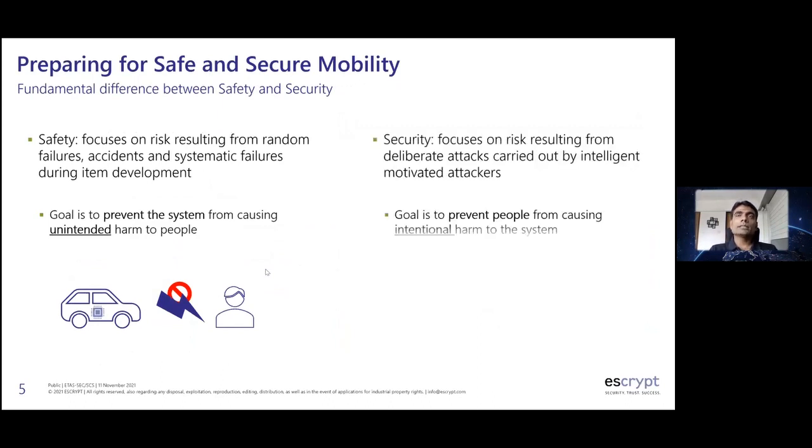Whereas security is more driven by risks resulting from motivated attackers who can take control of the system and then further exploit the vulnerabilities in order to harm the system intentionally. So the unintended and intentional is the big difference that we are trying to address when we talk about safety and security.